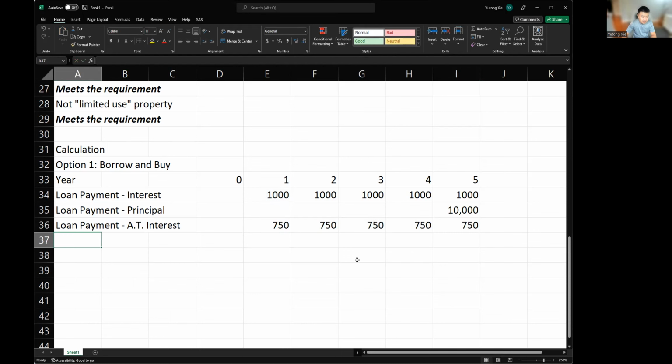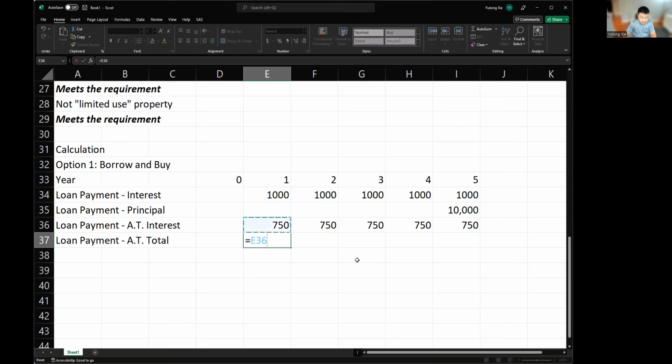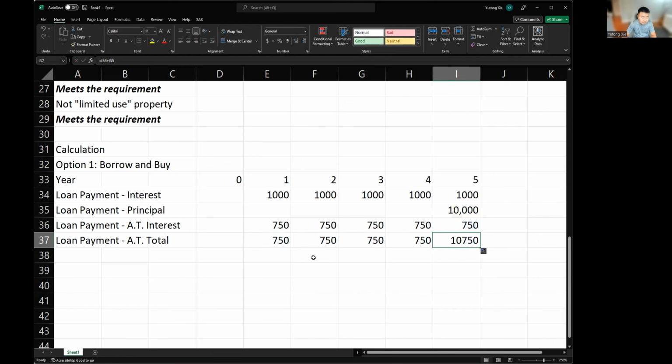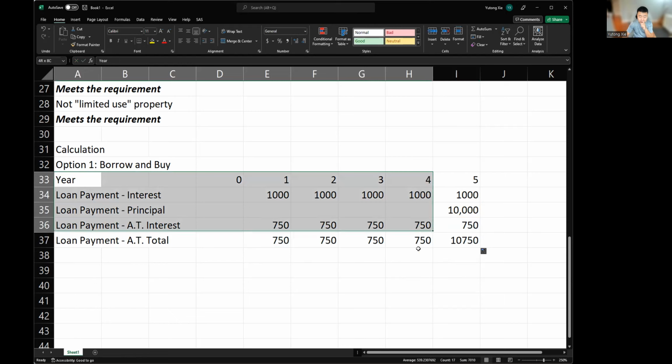Okay, so I can have a loan payment after tax total. It's gonna be this plus this. Oh, hold on, I'm wrong. It's gonna be this plus this. Okay, so in the earlier years, the after-tax interest plus 0 principal. But in the last year, I have the after-tax interest plus the principal. Okay. All right. So that's the loan part.